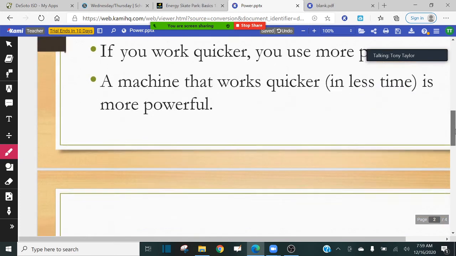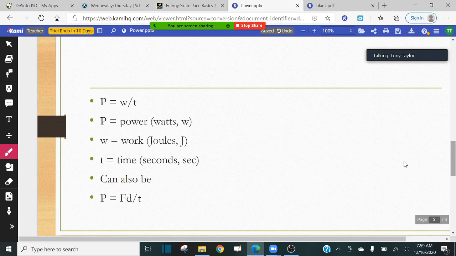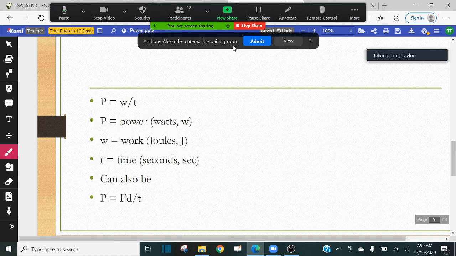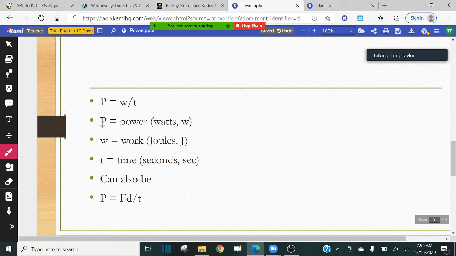So now let's go over a few units. As I said, power is equal to work divided by time. Guys, in physics, the unit for power that we use is the watt. So power is expressed in watts. We already know that work is expressed in joules, because we use the same unit for work as we do energy.